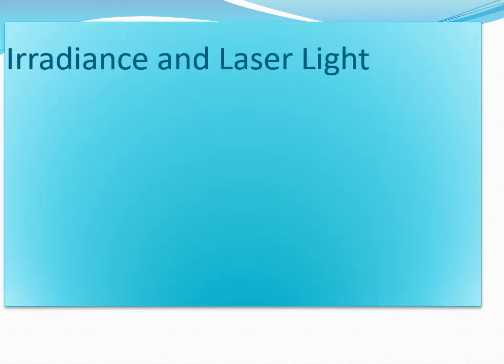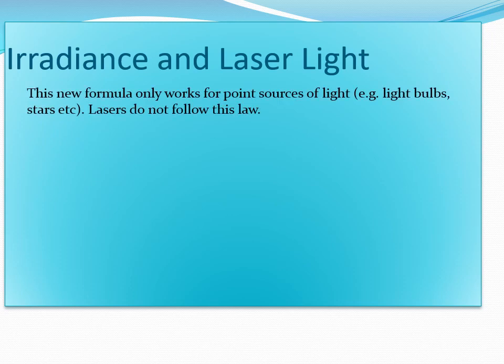Now, importantly, I spoke about this earlier, talking about point light sources. It's important to note that this formula only works for point sources of light, e.g. light bulbs and stars and things like that, things that irradiate all around them. Lasers do not follow this law. It does not work for lasers. Lasers are fine for the first formula, irradiance is equal to power over area, but lasers do not follow the inverse square law.